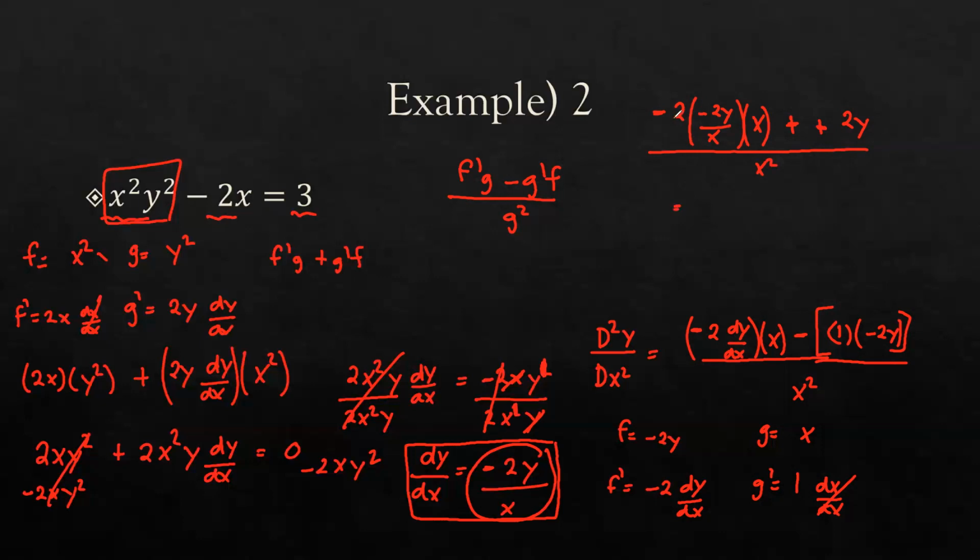So this would be negative 2 times negative 2y times x, okay, this x cancels. So you're left with negative 2 times negative 2y, which is positive 4y, plus 2y over x squared.